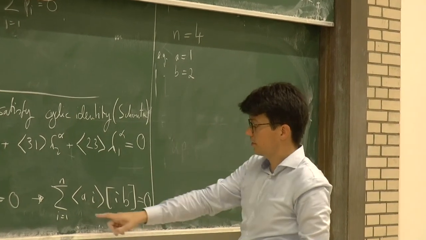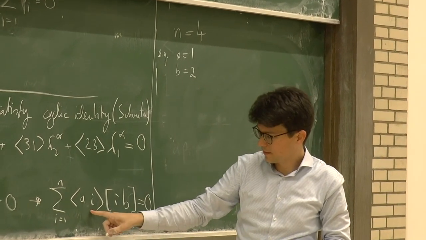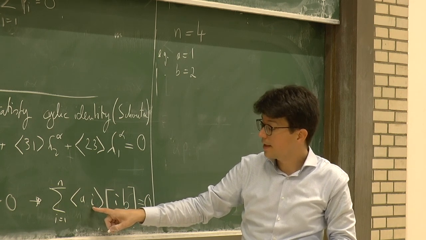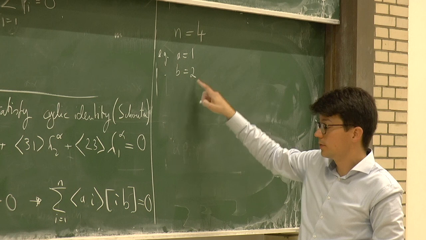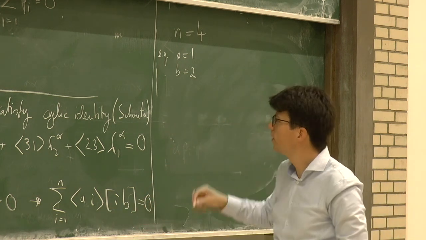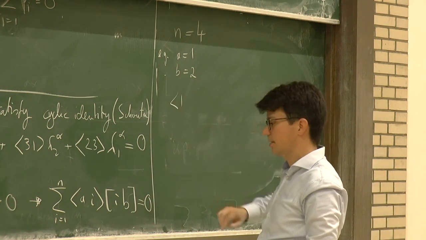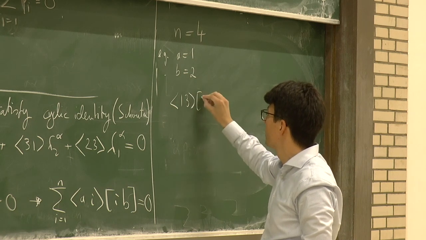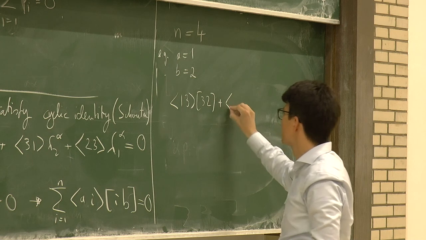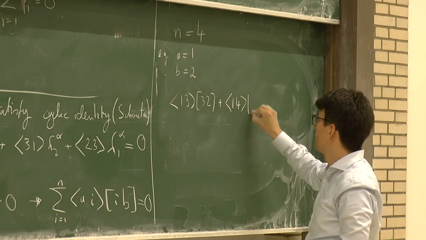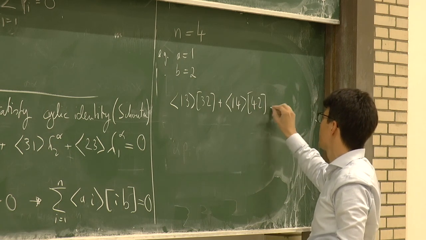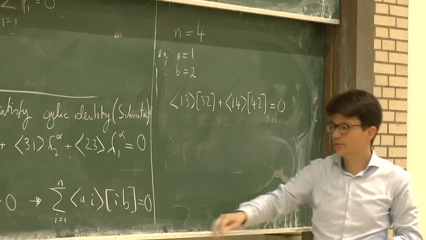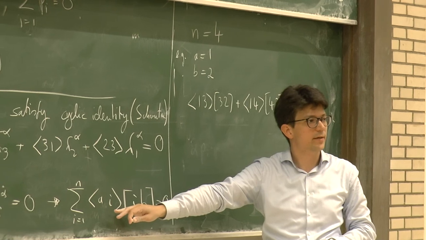Then because of the antisymmetry of these brackets, i cannot be 1 and cannot be 2, so i just runs over 3 and 4. So then it tells you that <1 3>[3 2] plus <1 4>[4 2] is equal to 0. Again, this is not true in general, but it's true for four-particle kinematics.